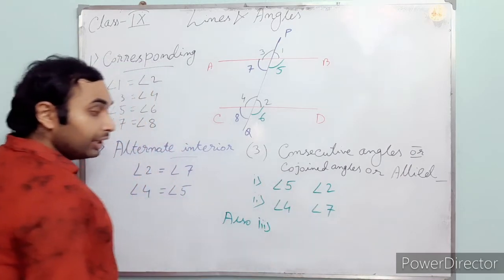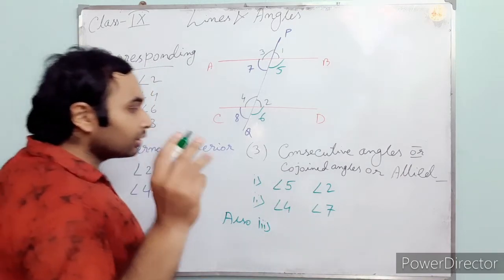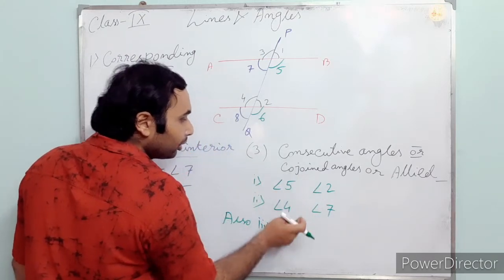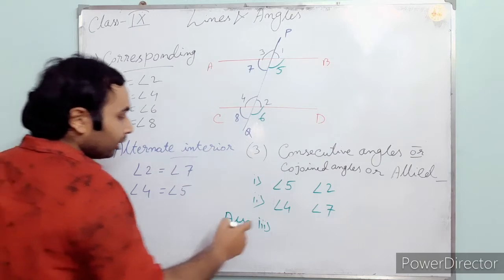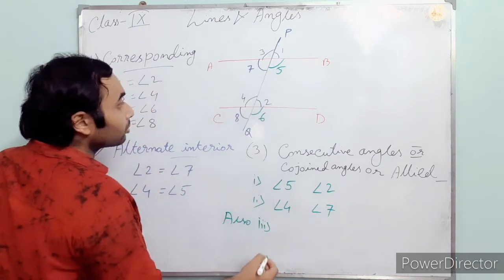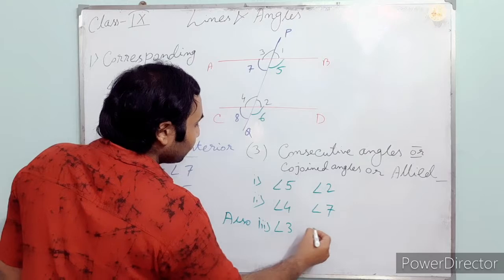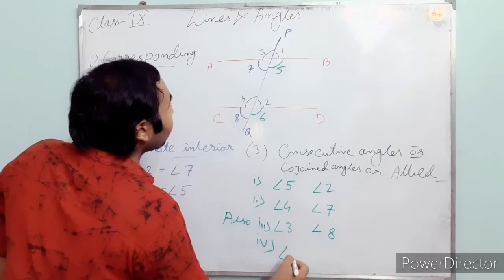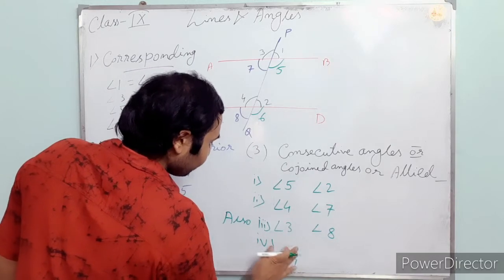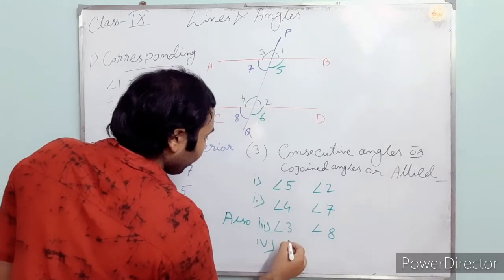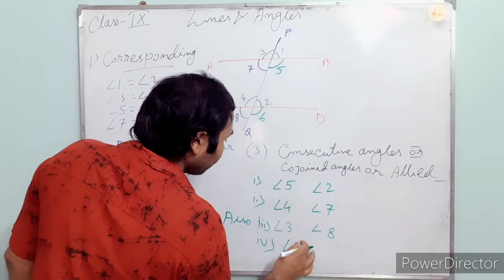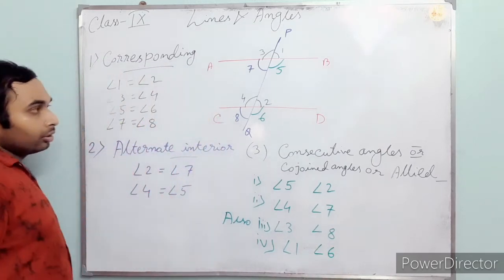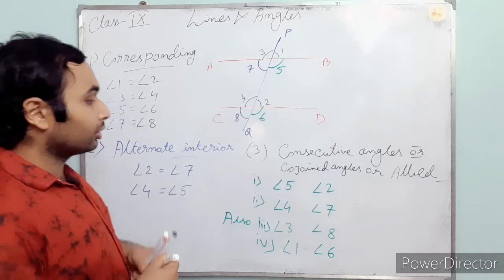Those are consecutive interior angles, pairs of consecutive interior angles. Intentionally, I have not given here equal to sign. Some reason is there. Another two consecutive angles we are getting: angle 3, angle 8, angle 4, angle 1, angle 1 and angle 6. Those are also consecutive angles.